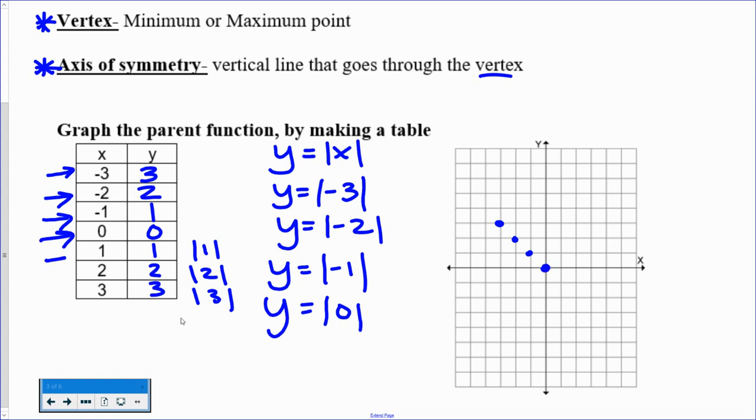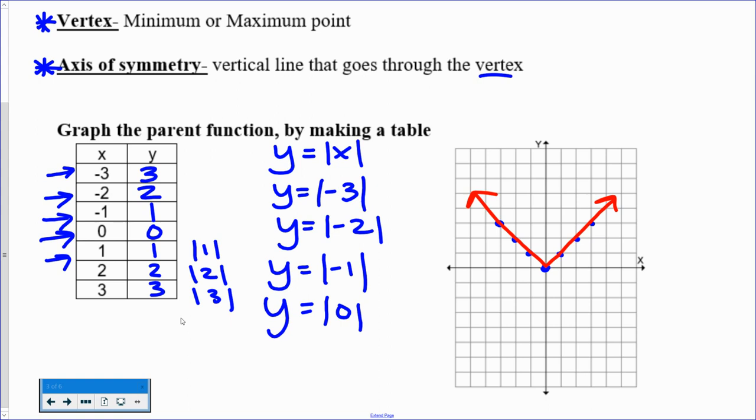All right, then +1, +1, +2, +2, and +3 and +3. And there's that V-shaped graph that we saw yesterday when we used either our graphing calculator or Desmos.com. It would continue forever and ever if I kept plugging in more values of x.